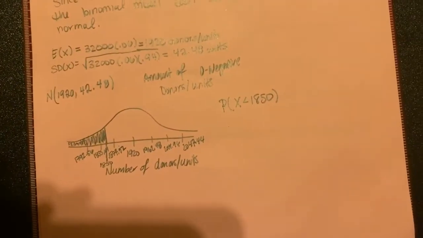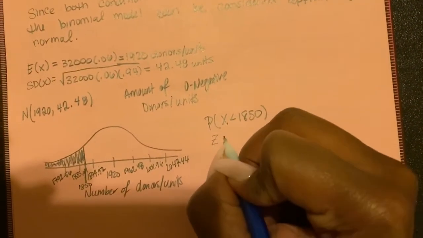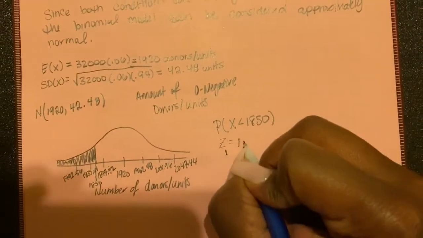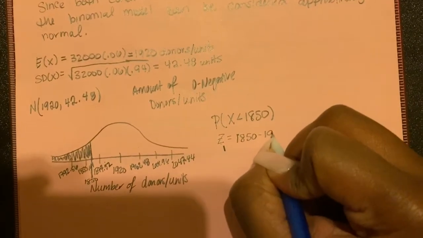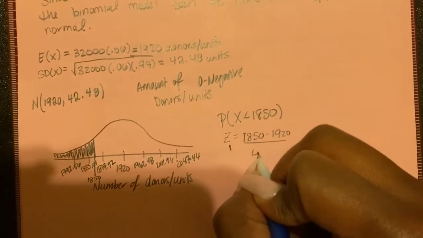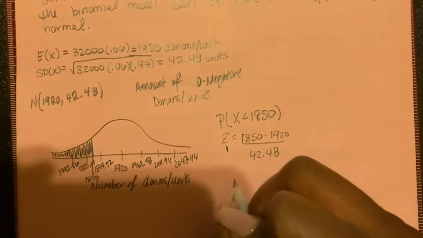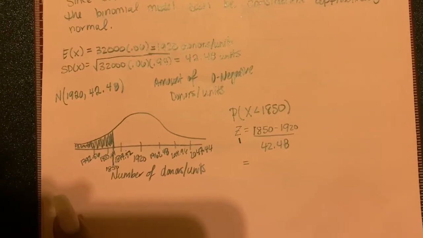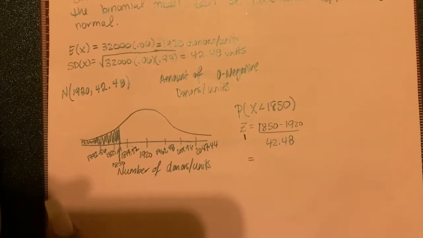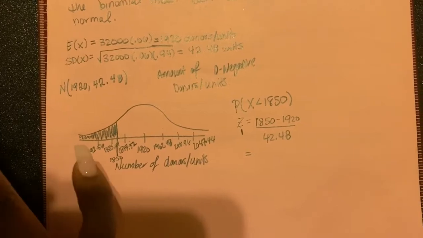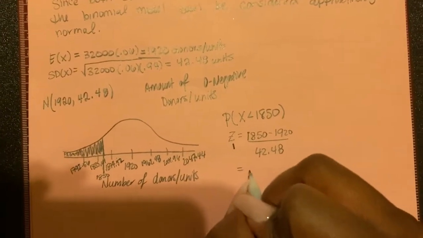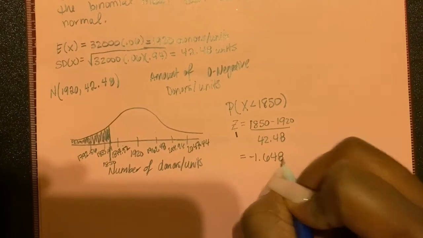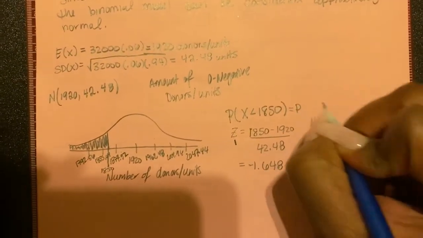Okay, run short. All right, so we're going to turn this into our Z score. And so that Z score is approximately negative 1.648. Okay.